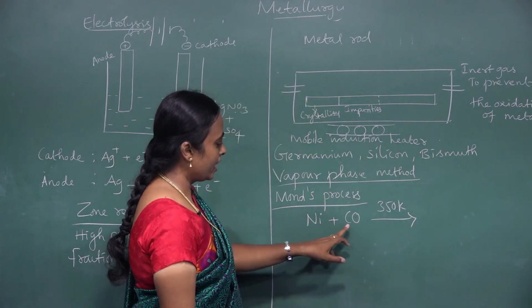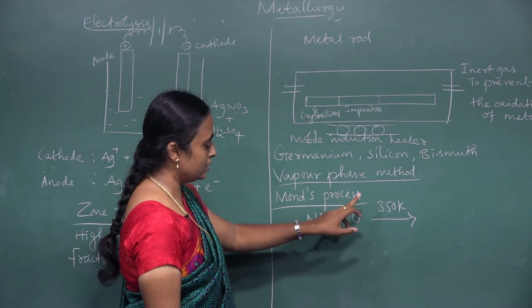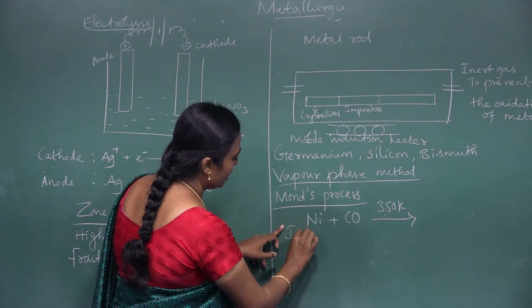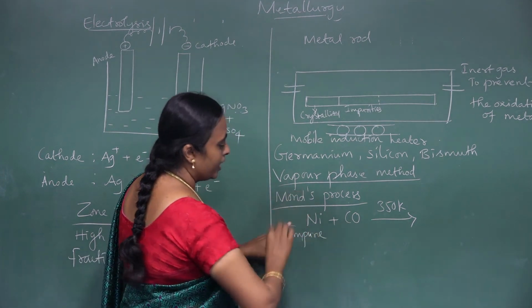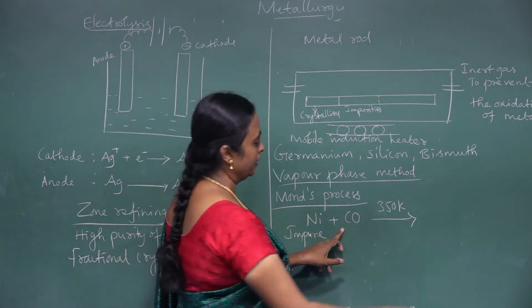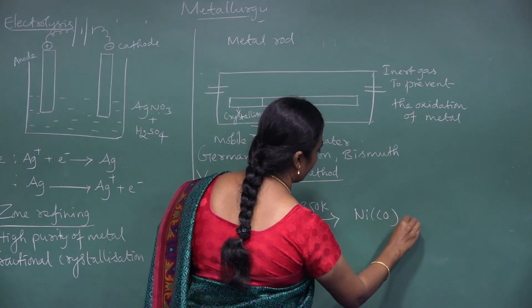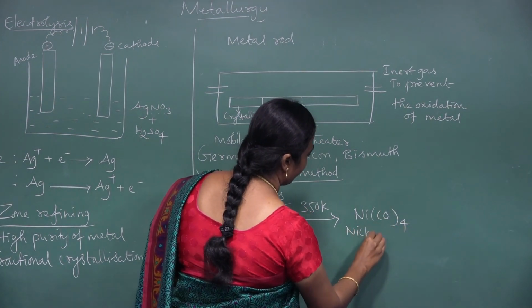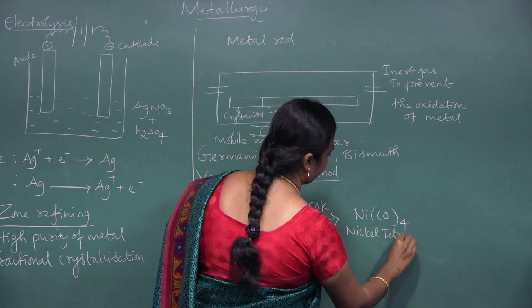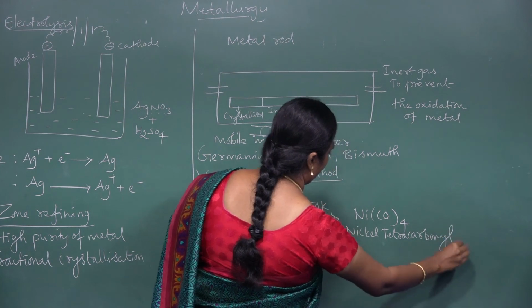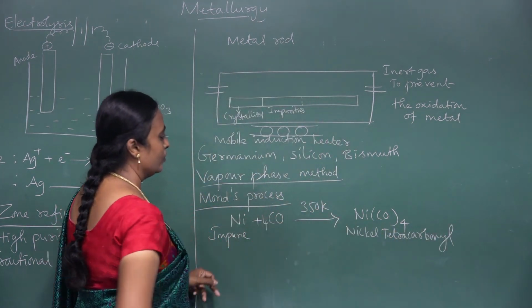The nickel reacts with the reagent carbon monoxide at a temperature of 350 Kelvin. The impure nickel reacts with carbon monoxide and we get nickel tetracarbonyl, Ni(CO)4, with 4 times CO.